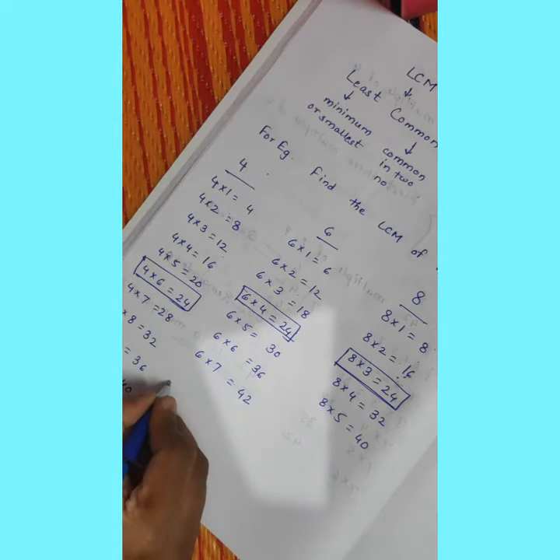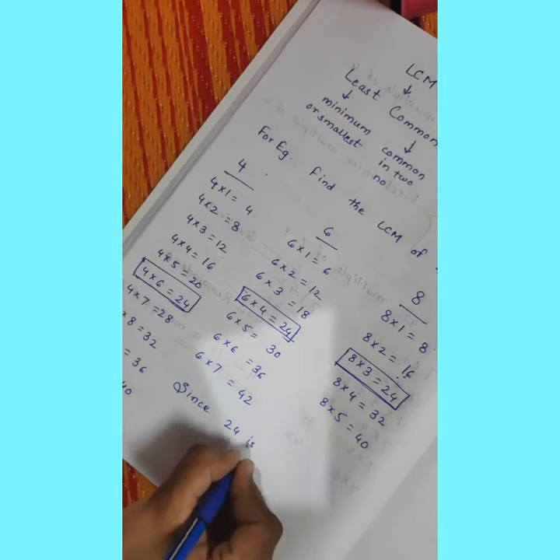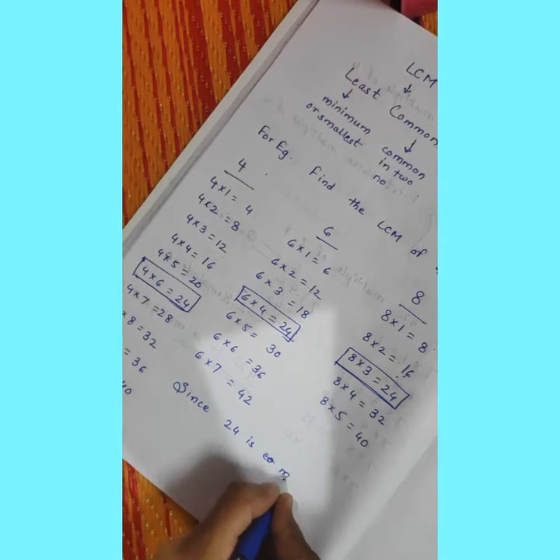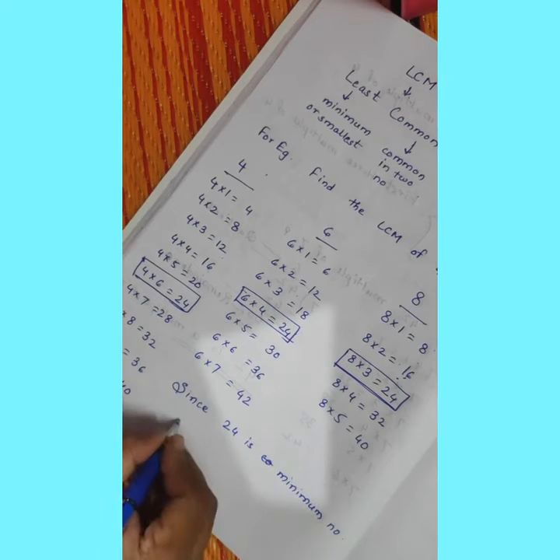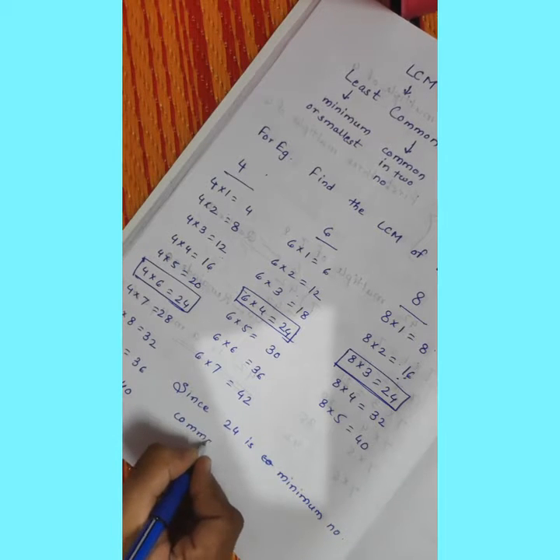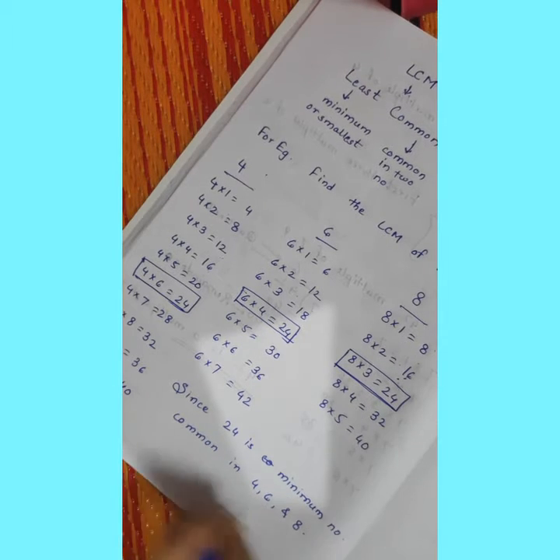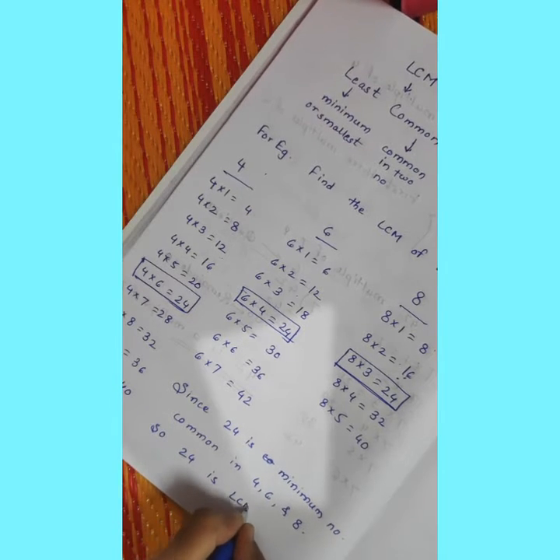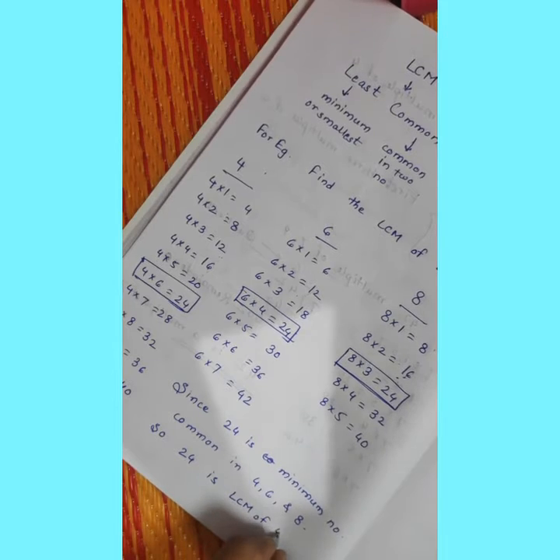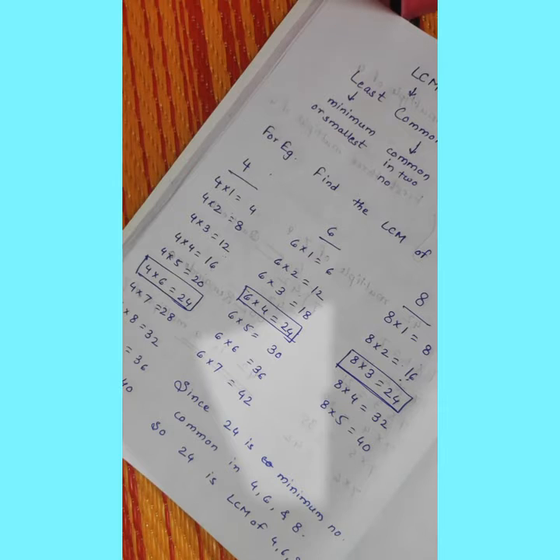We will write here: since 24 is the minimum number common in 4, 6 and 8, 24 is the LCM of 4, 6 and 8. So here our LCM is done.